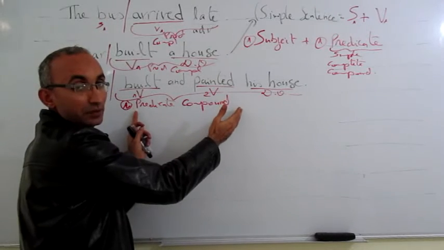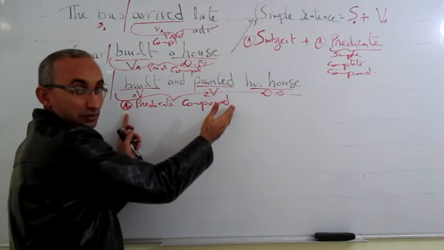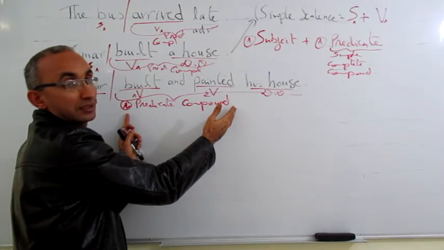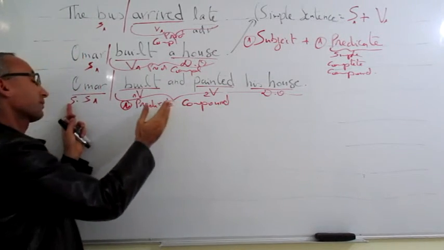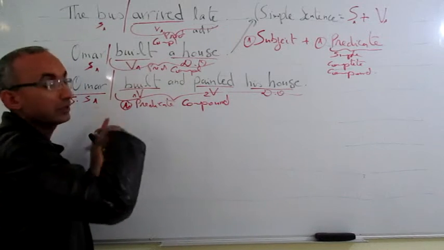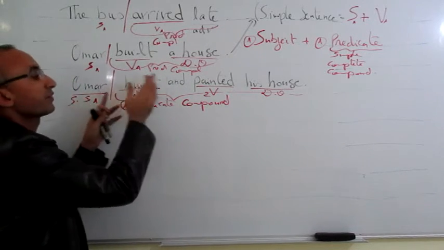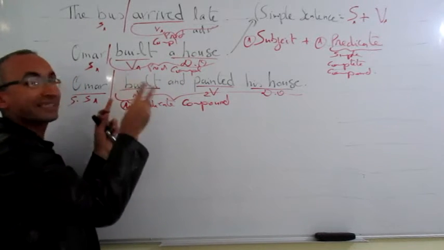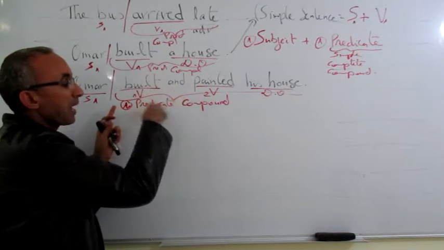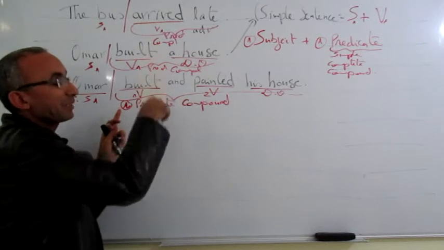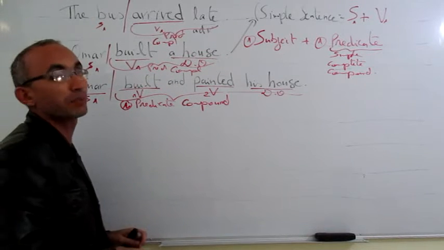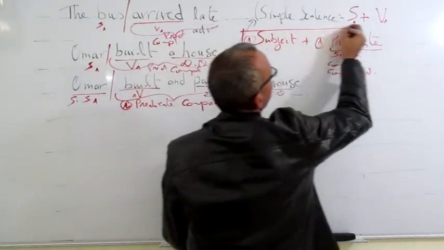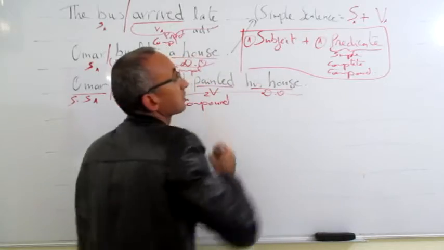And this is my structure of the simple sentence: one subject and one predicate. Usually we say one subject and one verb, because the central element of the predicate is the verb. But in case you have two verbs in a compound predicate, it remains always one simple sentence. So this is the correct structure for the English sentence.